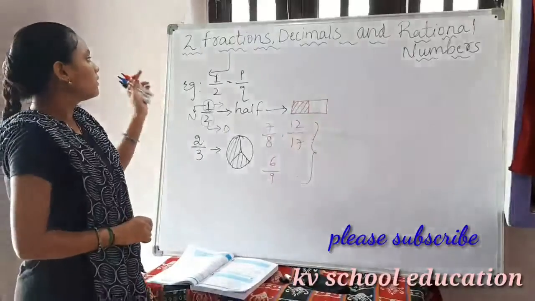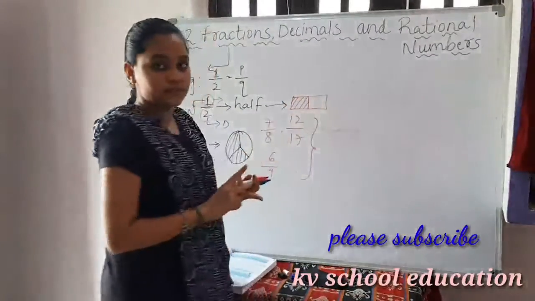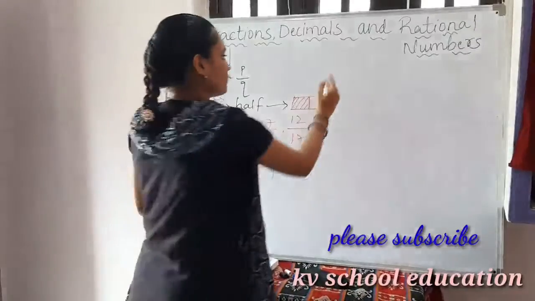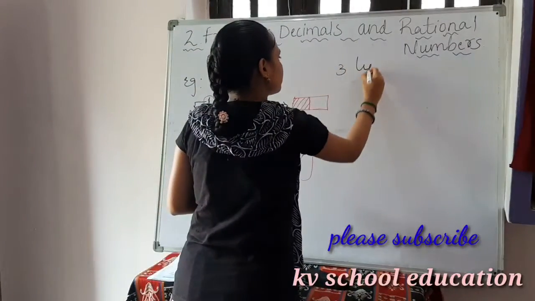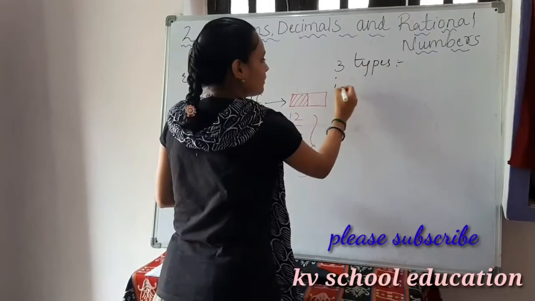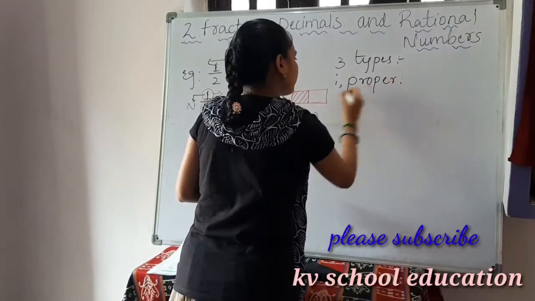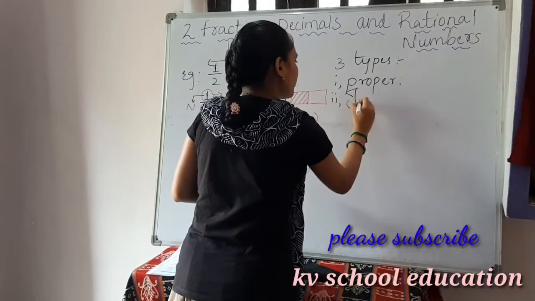Now, fractions are of 3 types. First one is proper fraction. Second is improper fraction.